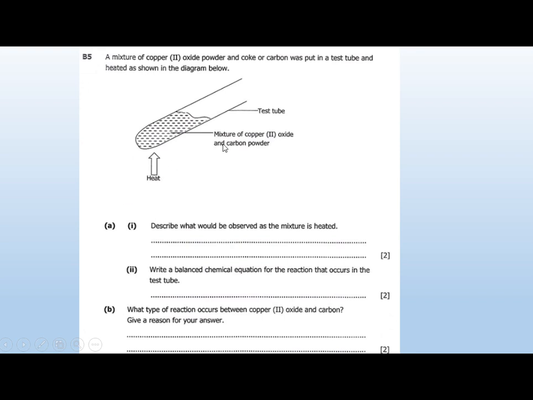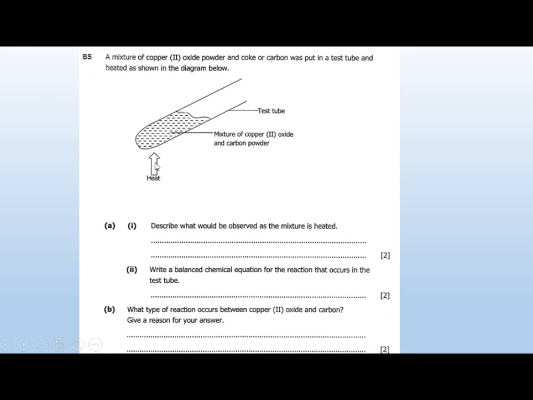One common thing that we need to understand here is that this reaction is a black reaction. Why do I say so? Because the nature of copper(II) oxide is black in color. Same applies to pure carbon or coke. So these two are both black in color. No wonder this is a black reaction.